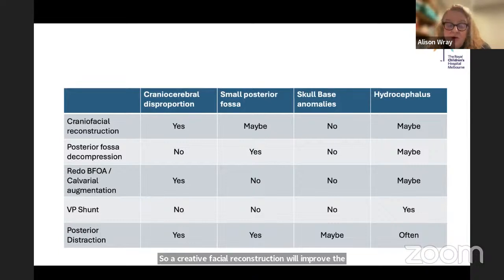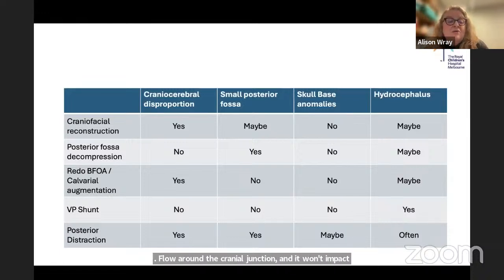It's generally not going to change the skull base anomalies, and it might be helpful for the hydrocephalus. A posterior fossa decompression won't change the disproportion issues, but it will help the small posterior fossa, and it might help the hydrocephalus by re-establishing CSF flow around the craniocervical junction, and it won't impact upon the skull base anomalies.